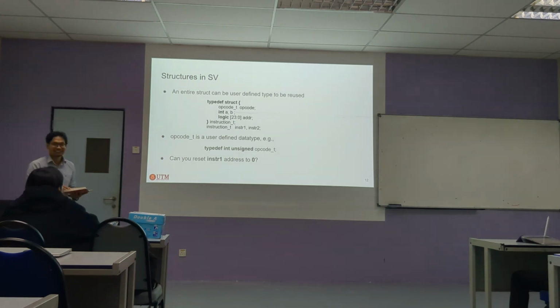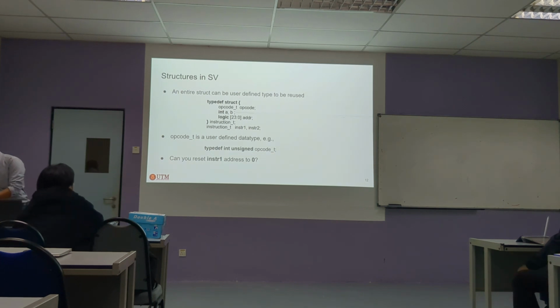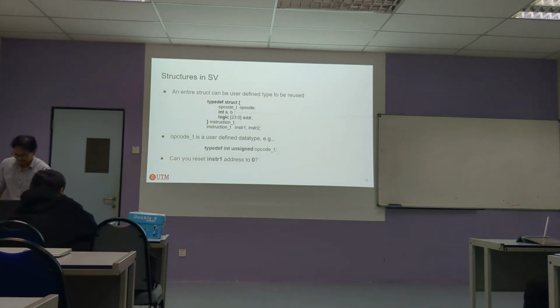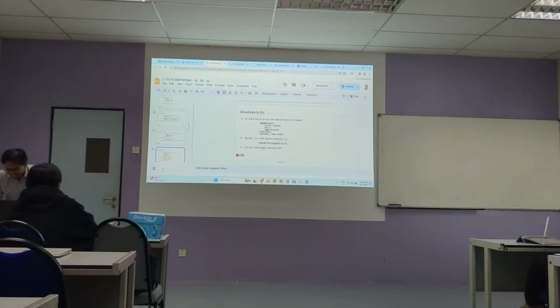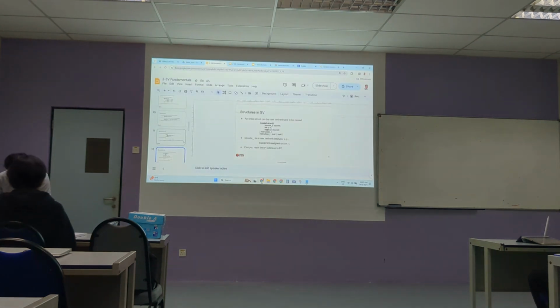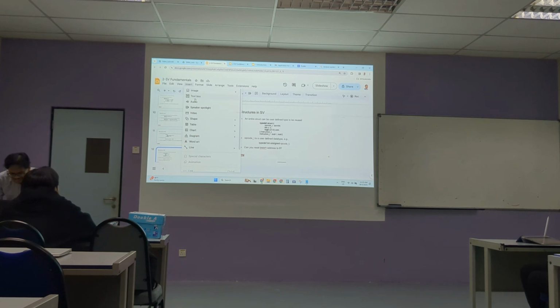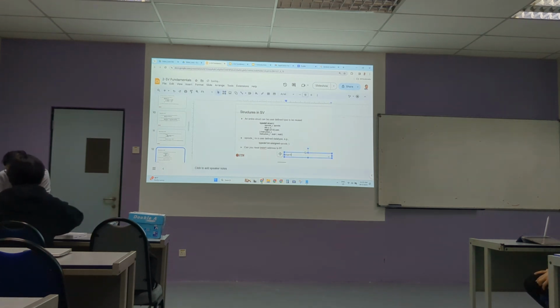Address actually, not output. You will set the address to 0, not output to 0. Very simple one. So here you can say instruction 1 dot ADR equals to 0.